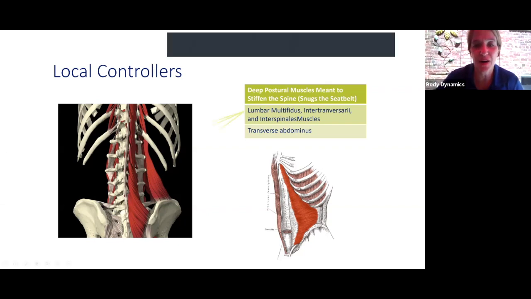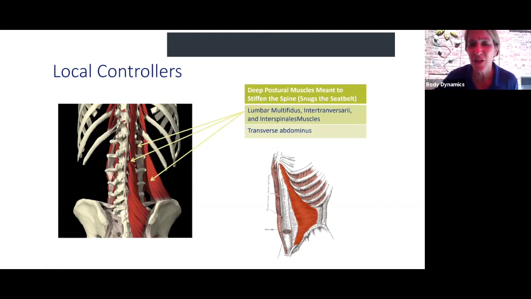We're looking at the lumbar multifidus. The multifidus are these strappy muscles that go from a spinous process, the extension that sticks straight out from the vertebral body, and they connect one, two, or three levels below, but they're very short muscles, to the transverse processes, or the extensions that go out to the side.